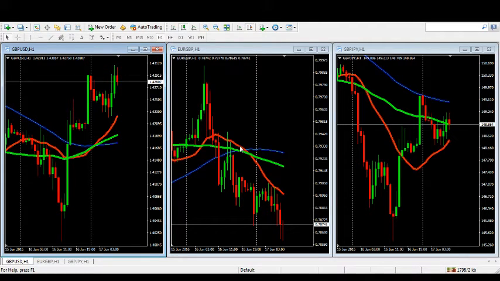The same for Euro Great Britain pound: 20 moving average, 50 moving average and 100 moving average. And Great Britain pound JPY: red line 20, green line 50 and 100 blue line. As you can see, there is a big problem about the Brexit referendum.